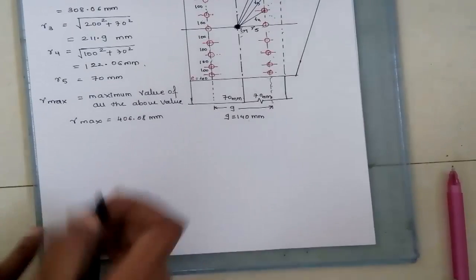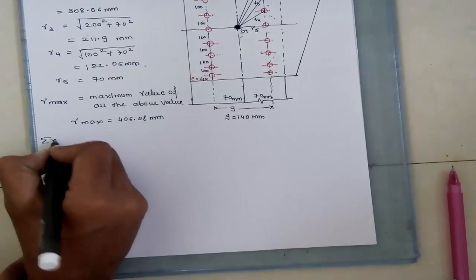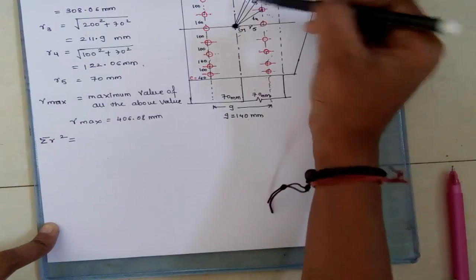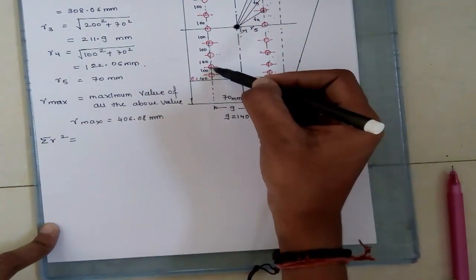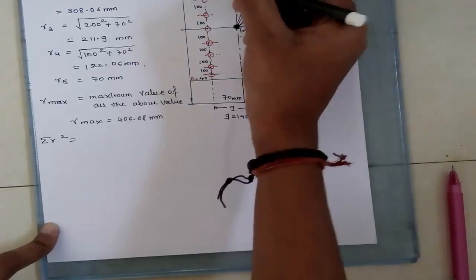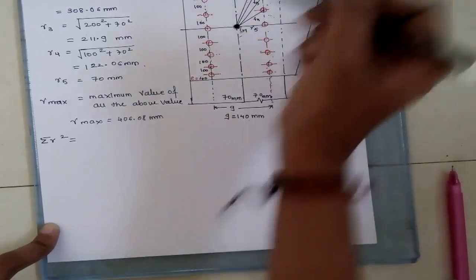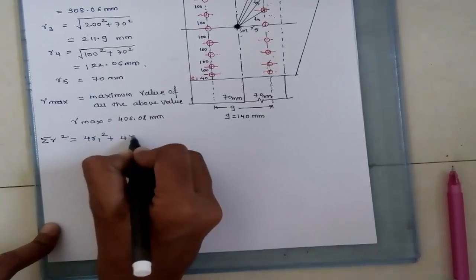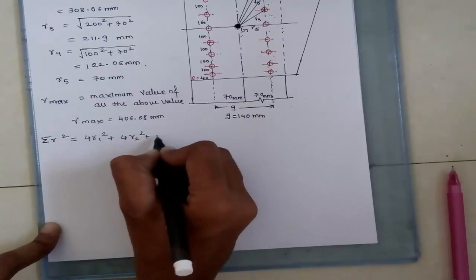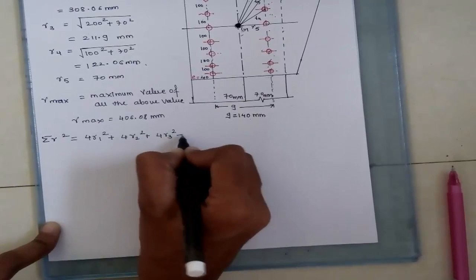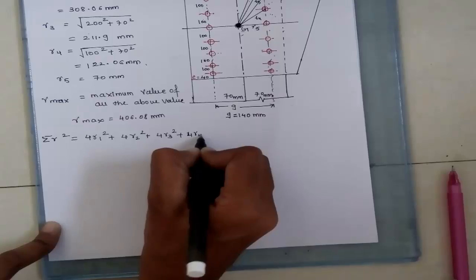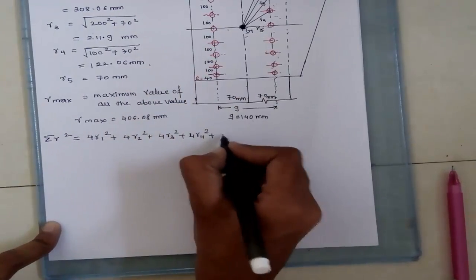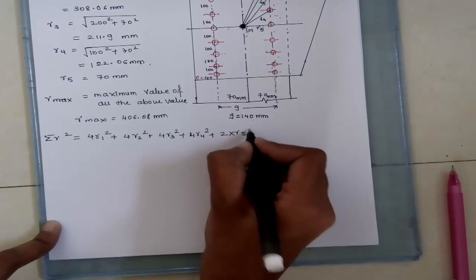After that, the summation of R square. Okay, this R1 is similar for this bolt also. So 1, 2, 3, and this is for the 4. So 4 R1 square plus 4 R2 square, 4 R3 square plus 4 R4 square, and the R5 is for the 2 R5 square.